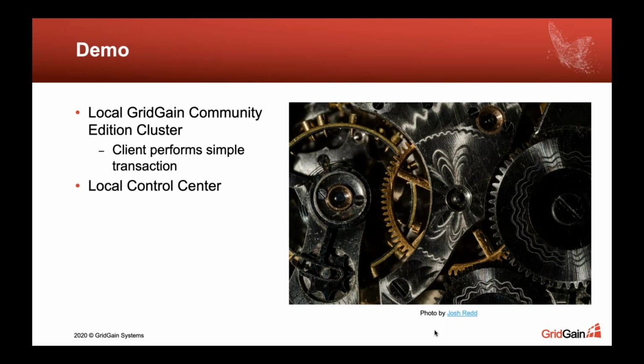So let's take a look at a demo and start to understand how we can use tracing on a cluster with a client that's running some simple transactions. I'm going to be doing everything locally. I have a local version of GridGain Community Edition. Unfortunately, I wasn't able to grab a development edition of Ignite 2.9, so I am going to be using GridGain Community Edition for this demo.